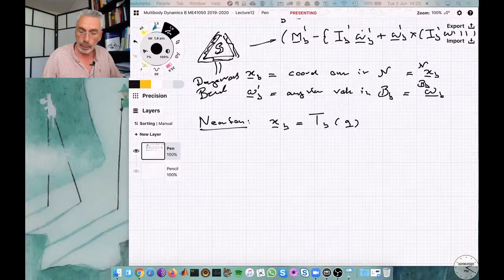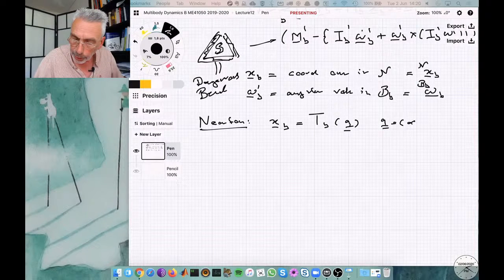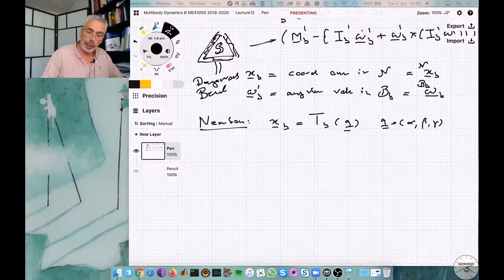So for every body, I have a transformation function, sorry, not a matrix yet, that will come. And remember, my q's, should I underline them? Yeah, because it's a vector. My q's are my generalized coordinates alpha, beta and gamma here. So I can express all my positions in terms of these q's.